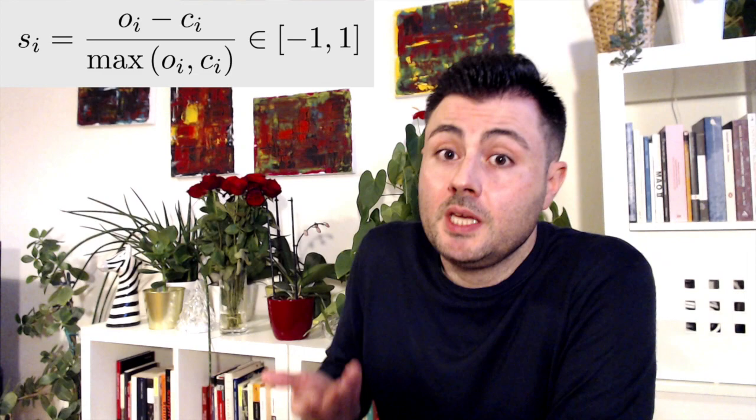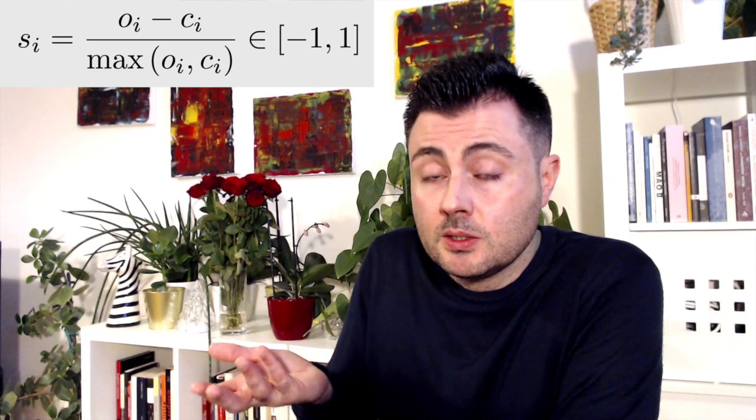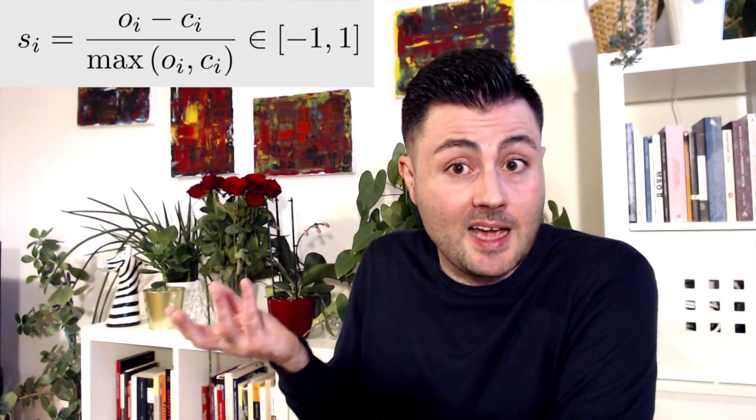Why? Because we expect Oi to be larger than Ci. In the opposite situation, it would mean that our observation is closer to observations in the other clusters with respect to the observations in its own cluster. So probably the allocation is not optimal.